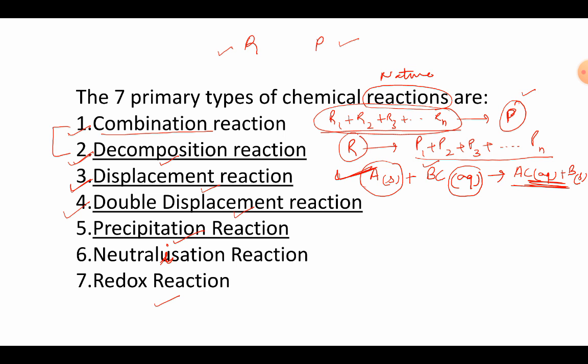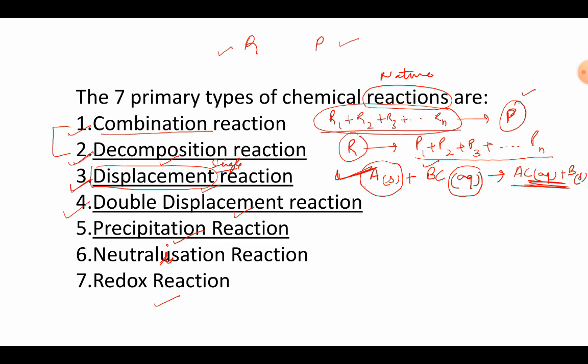Then moving on to the fourth type, whose nature is again different. Now it is a double displacement. Now what do we mean by double displacement? See, this simple displacement is also called single displacement. Why? Because only one element, the more reactive element, will displace the less reactive from its aqueous solution. But what do we mean by double displacement?